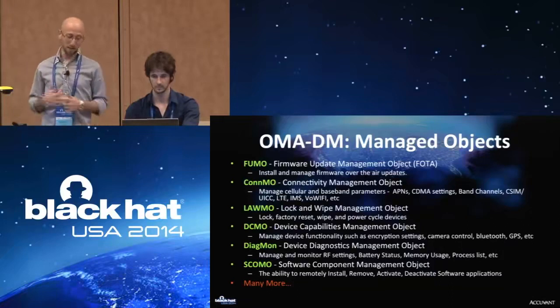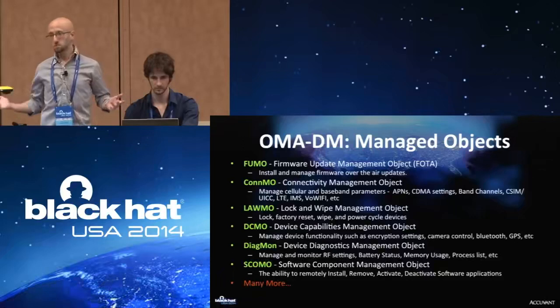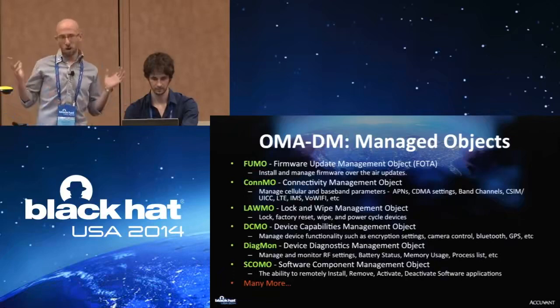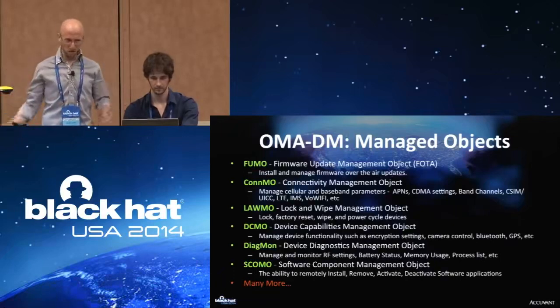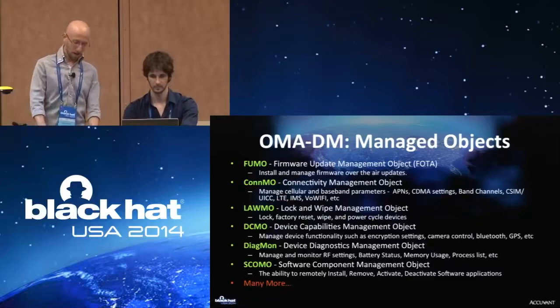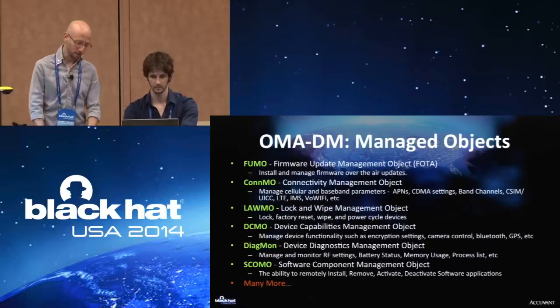Then we also have things like ConnMO, which is pretty standard and allows the carriers to remotely reconfigure basic network settings, things like APNs and all the weird carrier stuff. But there are some interesting parts in that. Then we start to get into a little bit more interesting feature sets.